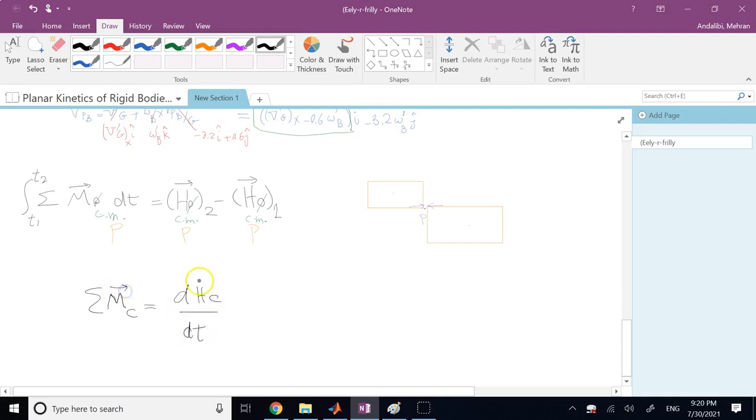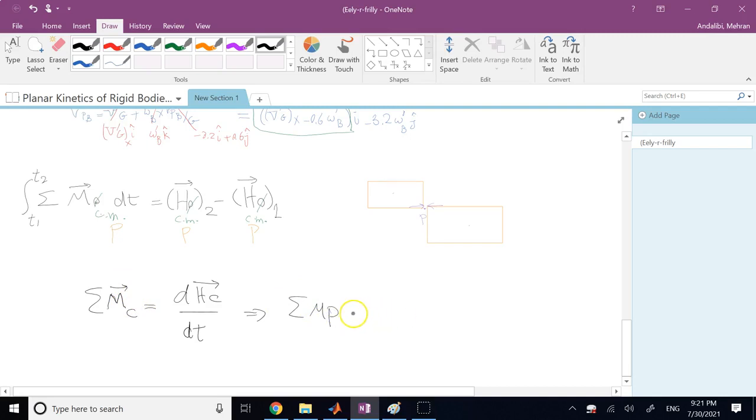We know this is applicable. Now I'm going to do a change in moment. The summation of moment about C can be written as the summation of moment about P, correct?